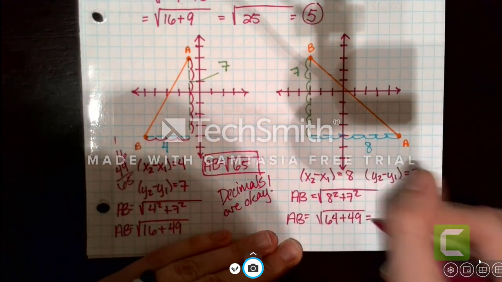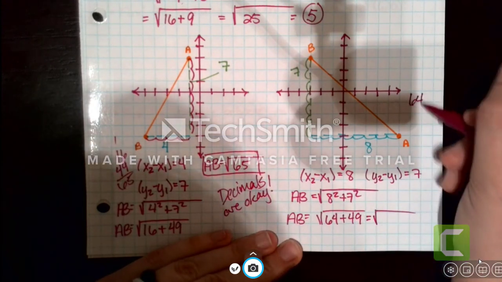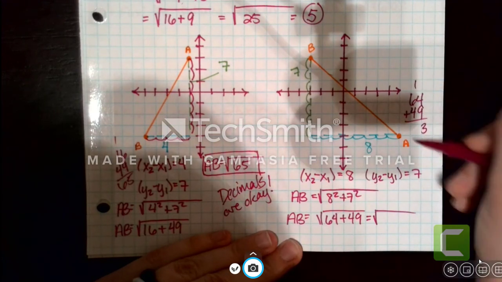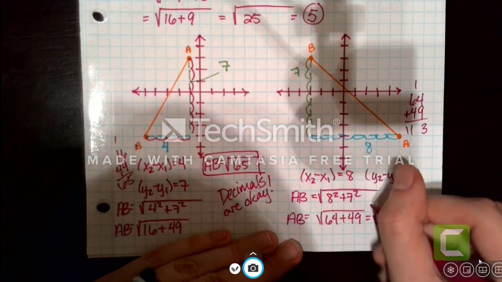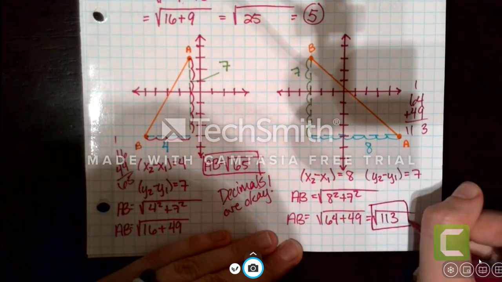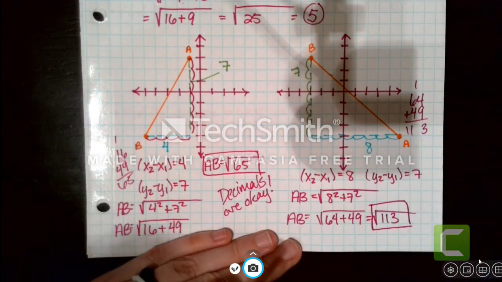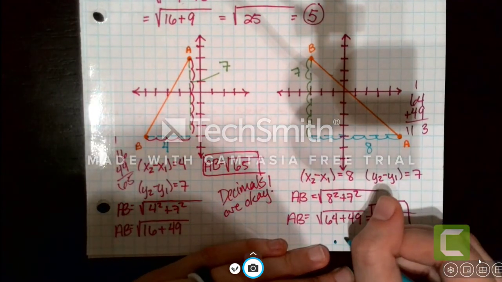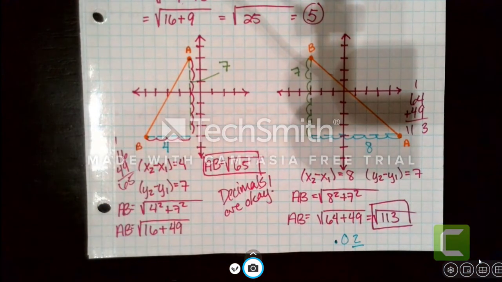And if I were to add those two together, we would have 64 plus 49 is 113. Again, not a clean square root, so we're going to leave it as such for now. But if you were to plug it in, round your decimal to the nearest hundredth. Which means if you were to round to the nearest hundredth, it would be the second space to the right of your decimal.